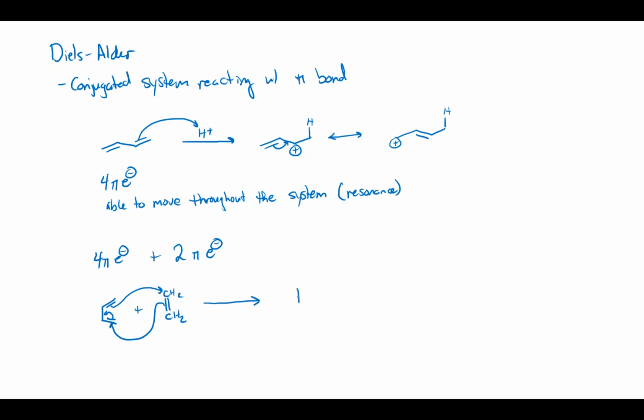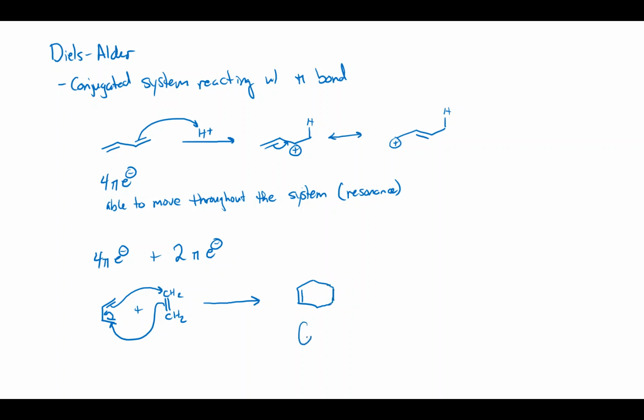And so what we've got now is our conjugated system that we started with. Now the double bond is between the two middle carbons. And this carbon has reacted with the CH2 group over here, and the other CH2 has added back to the other end of the carbon. And what we've made is basically a six-membered ring. So I'm going to erase this because that's not usually how we draw carbons.